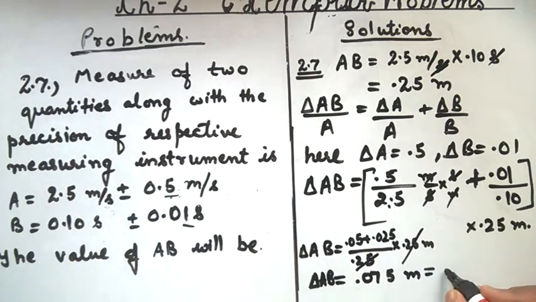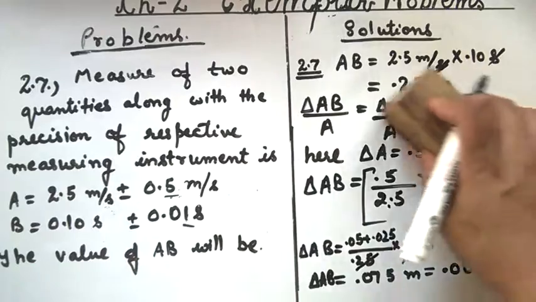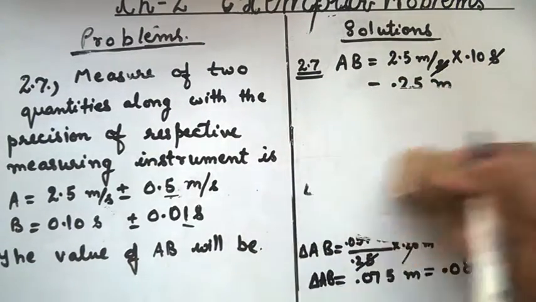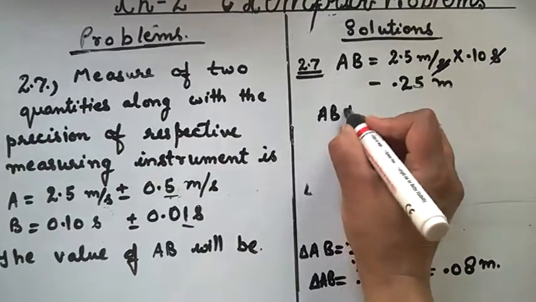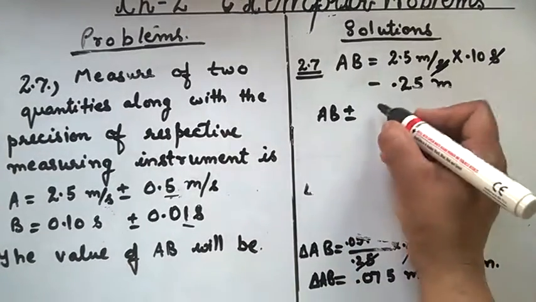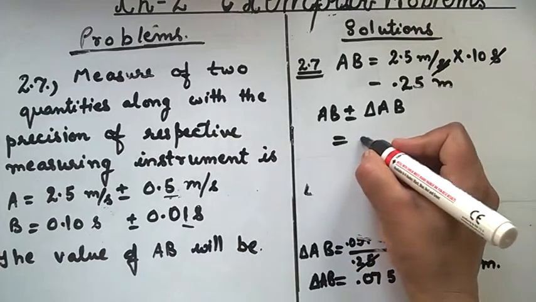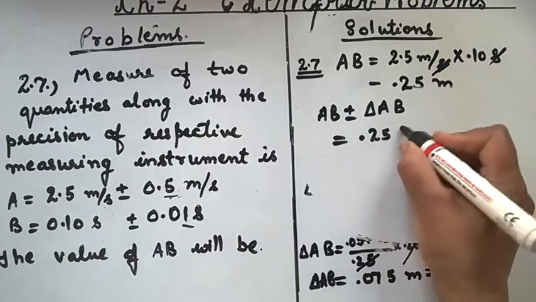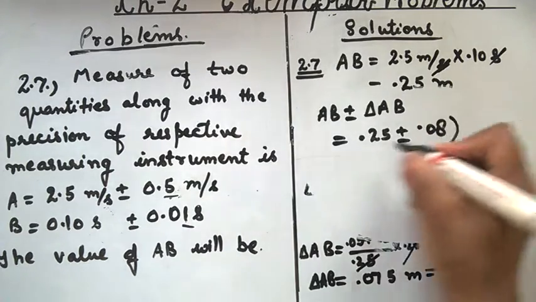That is, we will round it off up to 1 significant digit, which is 0.08 meter. Therefore, the final answer is given as AB plus minus delta AB equal to 0.25 plus minus 0.08 meter.